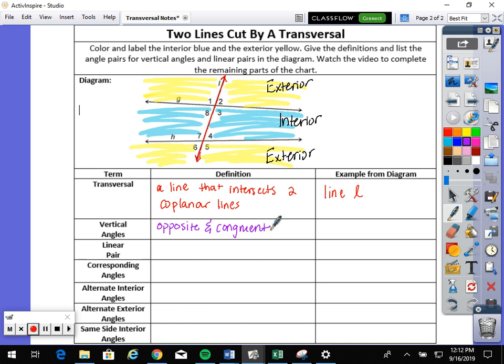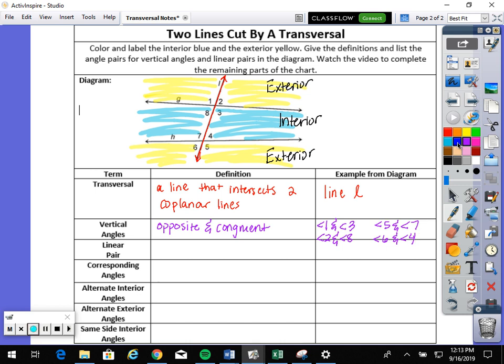So I could say angle 1 and angle 3. Those would be vertical angles. And then I could say angle 2 and angle 8. And then from the intersection of line H and line L, I could say angle 5 and angle 7. And then I could say angle 6 and angle 4.